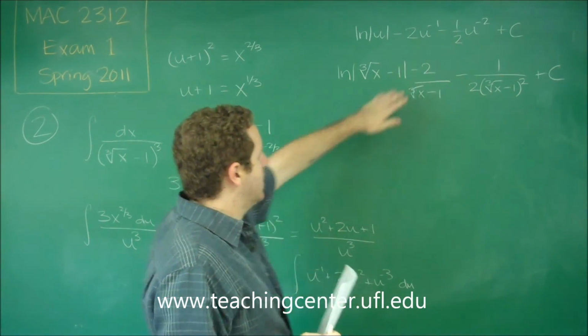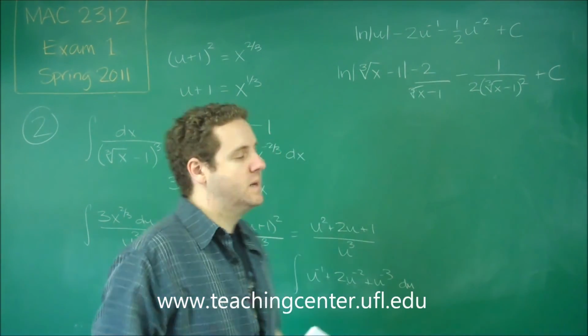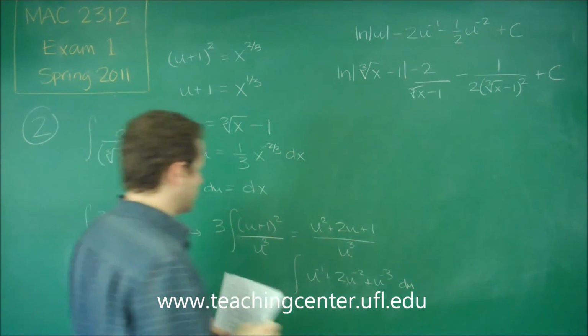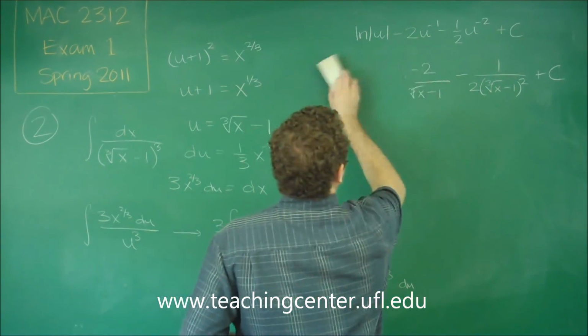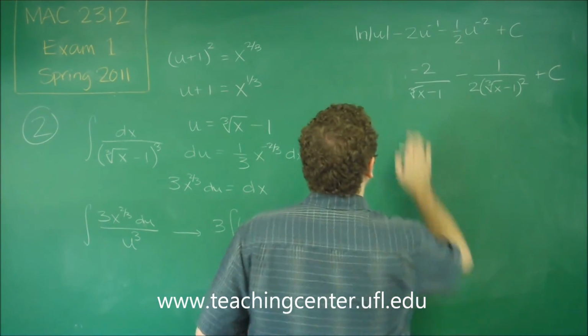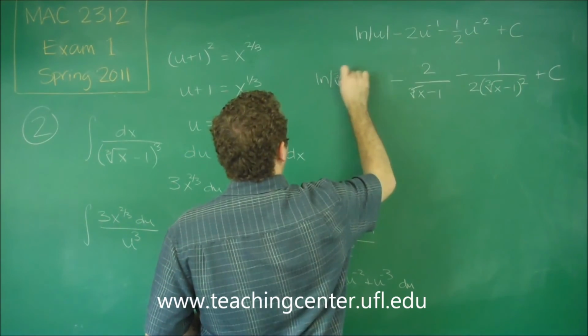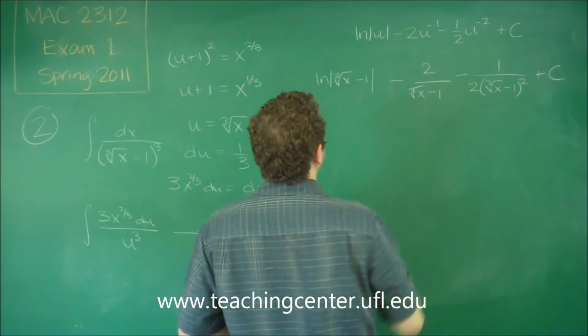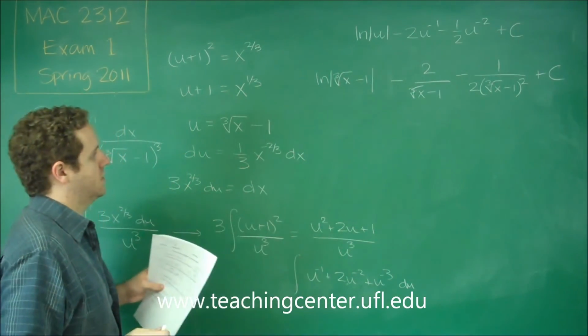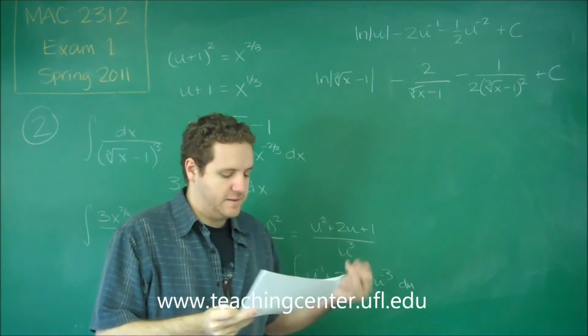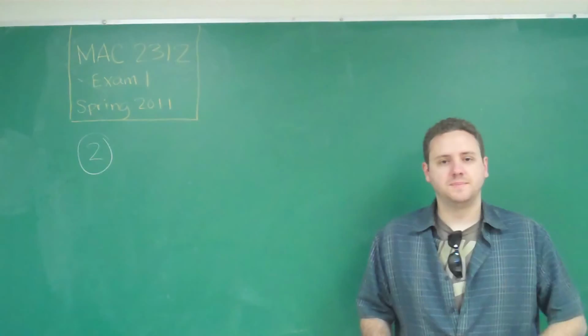So I put those negative powers of u in the denominator. Let me clean this up a little bit because it's a little confusing to read. So ln of cube root x minus 1, minus those terms, plus c, and that's our indefinite integral.